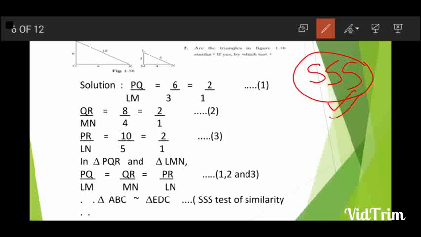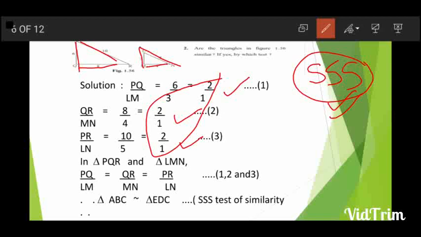They have given three sides, so let me find whether the sides are proportional. First I have taken PQ upon LM, that is 6 upon 3. The ratio is 2 upon 1. Then I have taken QR upon MN, that is 8 upon 4, which is 2 upon 1. Then the third one, PR upon LN, that is 10 upon 5, which is 2 upon 1. Now from these three, I have got that all the three ratios are equal.